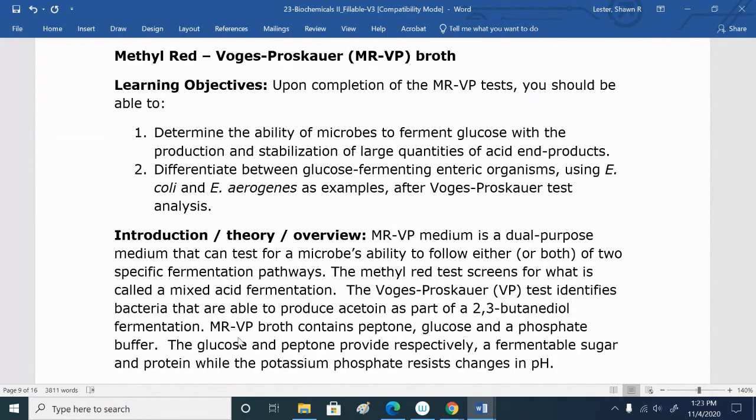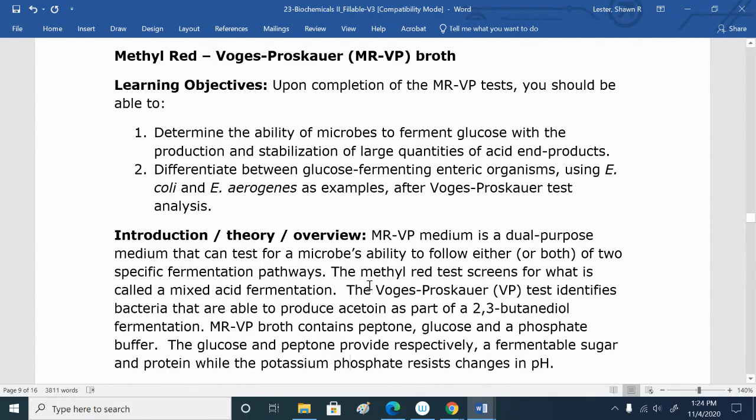And we weren't concerned about sterility because the bacteria have already grown and made the end product. Now we need to add chemicals to see if the end products are there. And so the way we do that is by adding either methyl red or two chemicals to do the VP.